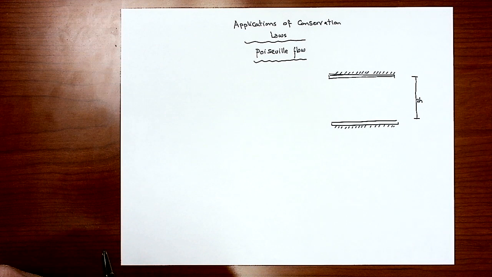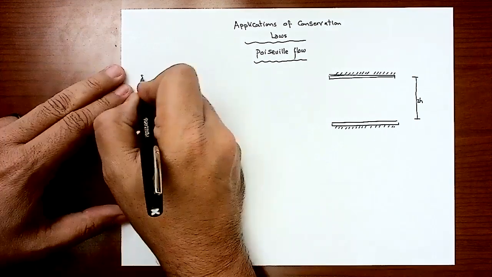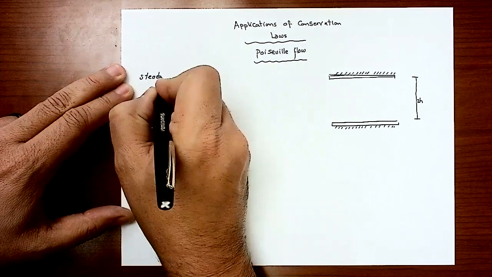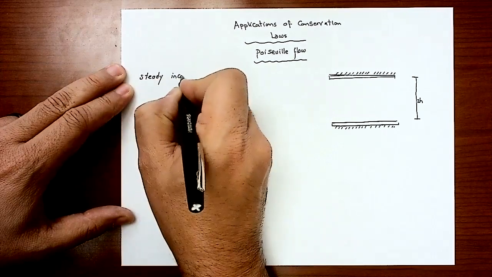So it's a steady, incompressible flow between two parallel plates separated by distance.